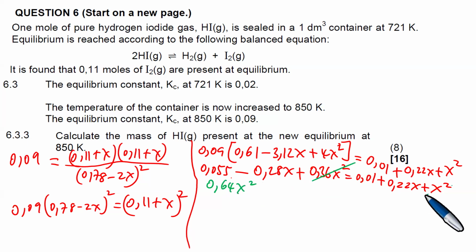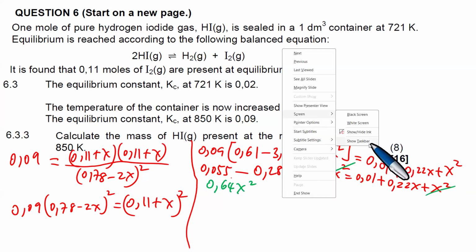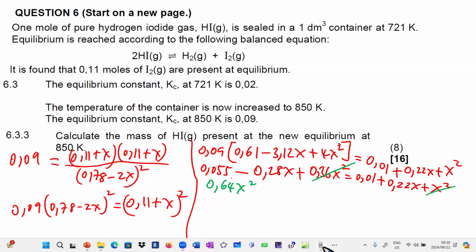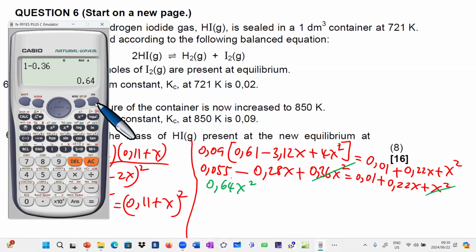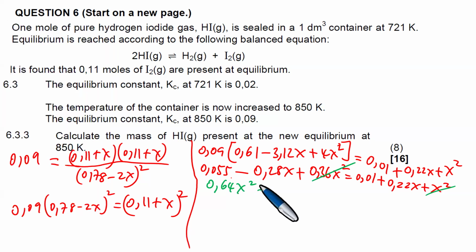Then 0.22 plus 0.28, which is 0.50x, and this one together with this one, 0.01.